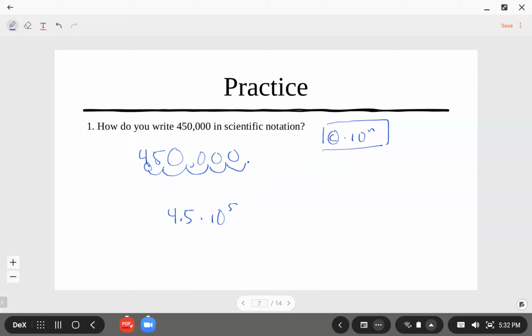It is 4.5 multiplied to 10 to the 5th power, okay? So that is how you find the scientific notation, okay? So a lot of you got the correct answer. So congratulations. And a lot of you are doing well. So let's move on to irrational and rational numbers.